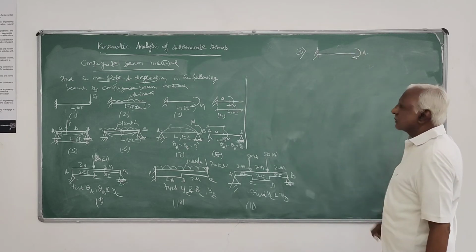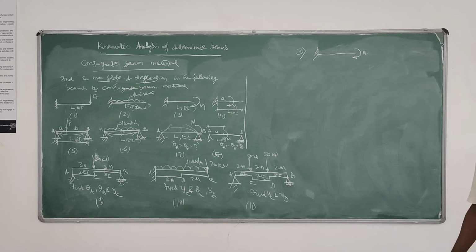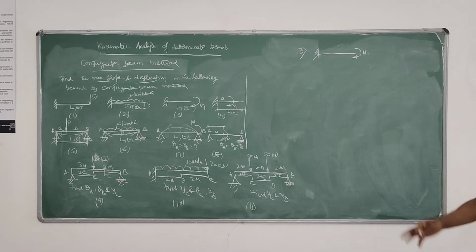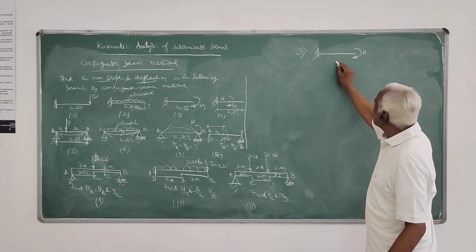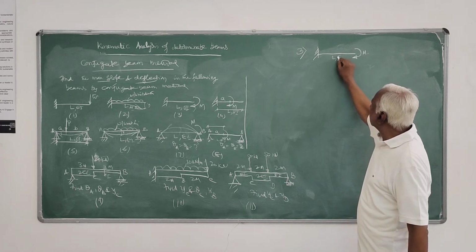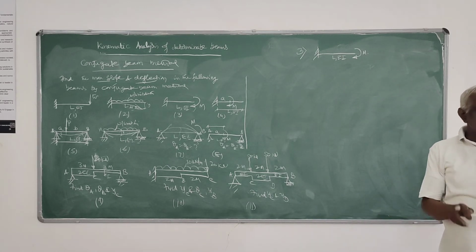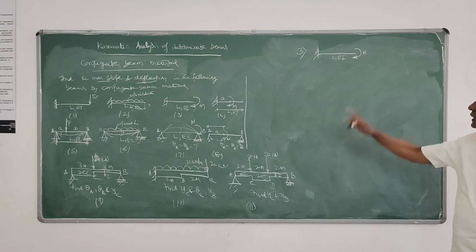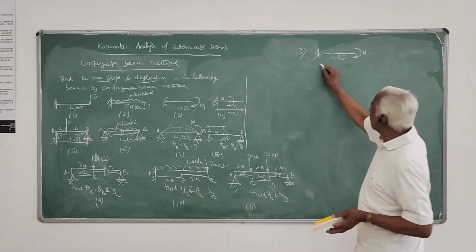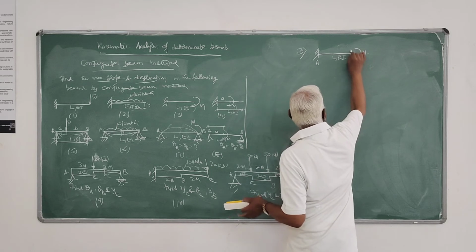Find maximum slope and maximum deflection for this cantilever, L, E, I. So I told you, in cantilever problems, maximum slope and deflection always occur at the free end. You call this AB.